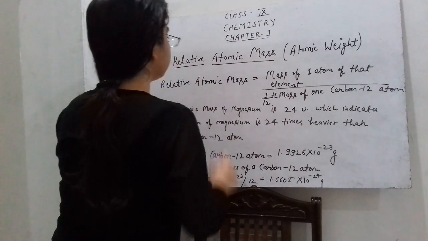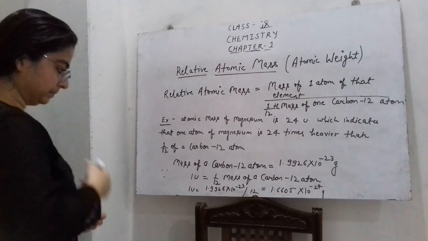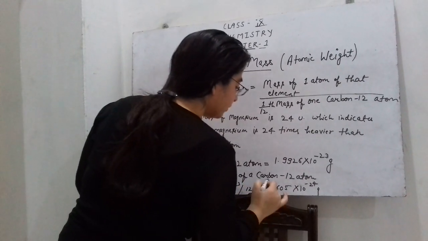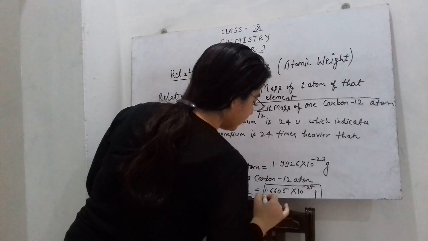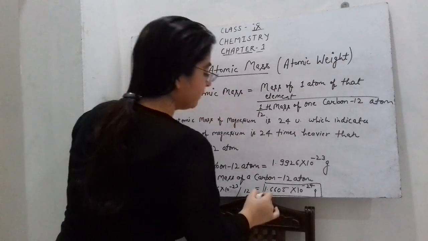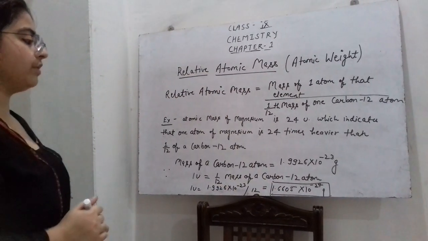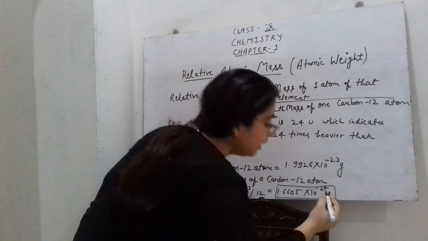So finally we can say that 1 unit or 1 atomic mass unit is equal to 1.6605 into 10 to the power minus 24 gram.